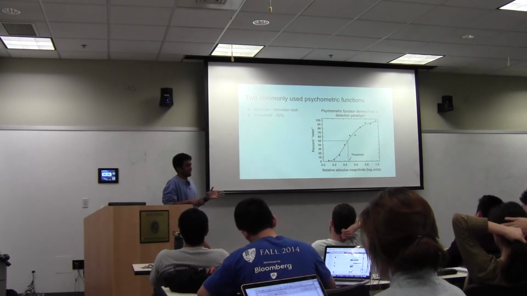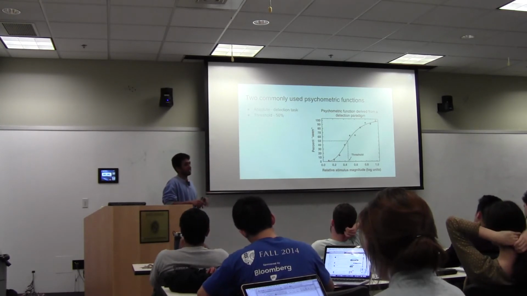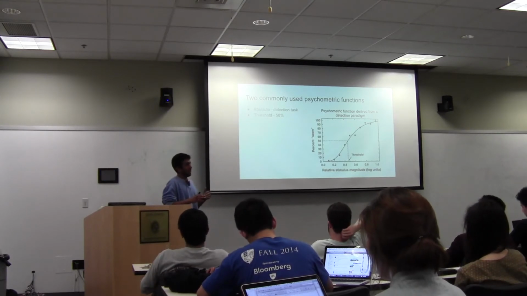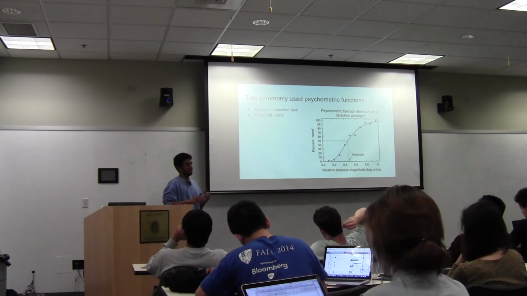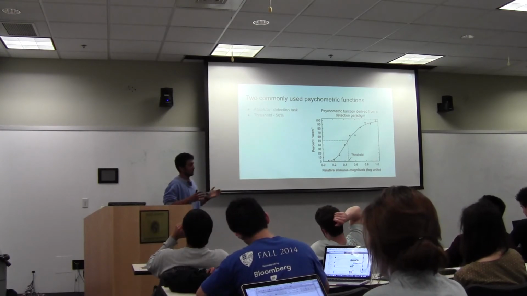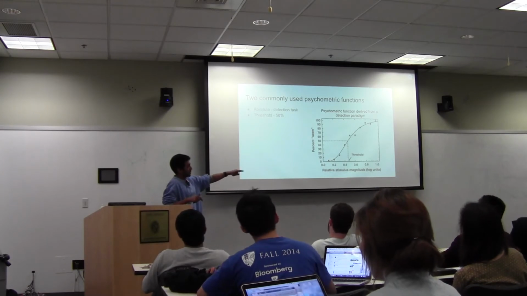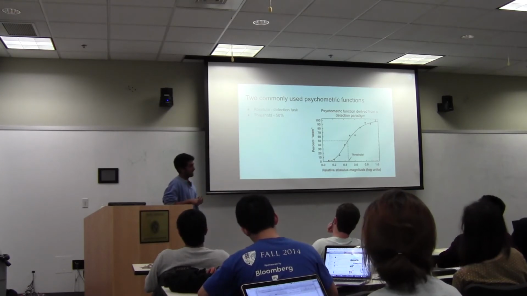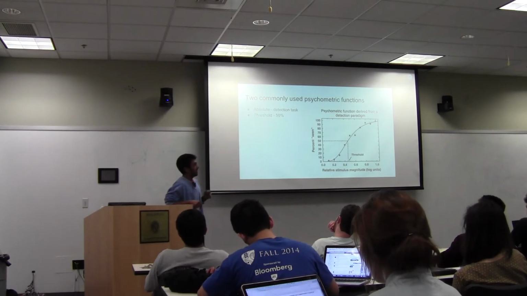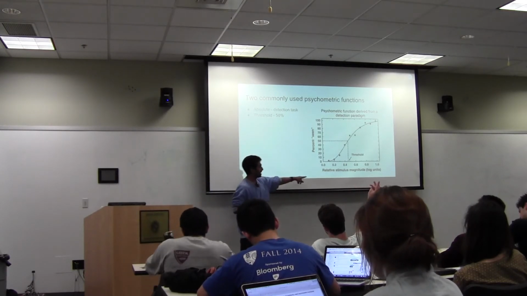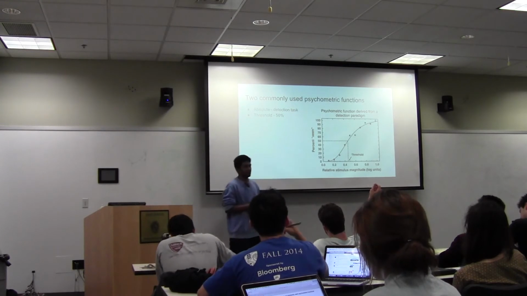So the goal of these detection tasks is to determine at what stimulus intensity a subject is able to see or hear something or detect something. And the threshold for absolute detection tasks is 50%. That's also something that's important you want to keep in mind. And the x-axis units are relative stimulus magnitude.